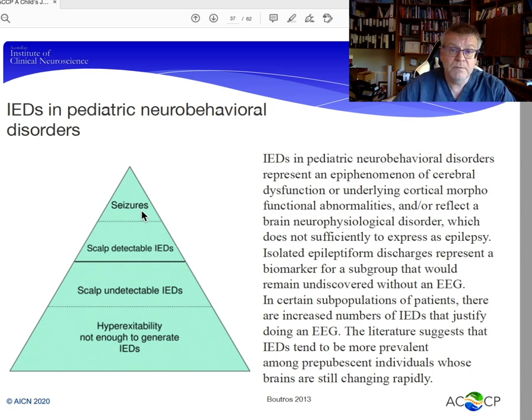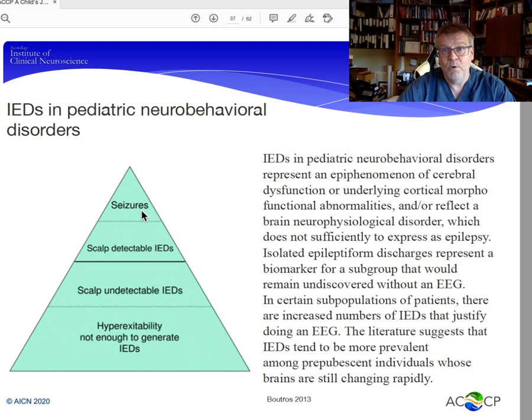Scalp undetectable IEDs we really struggle to identify, and sometimes we question whether they are IEDs or not. That's what happened in the original EEG this child had: the technician or the epileptologist couldn't tell whether they were IEDs or not.